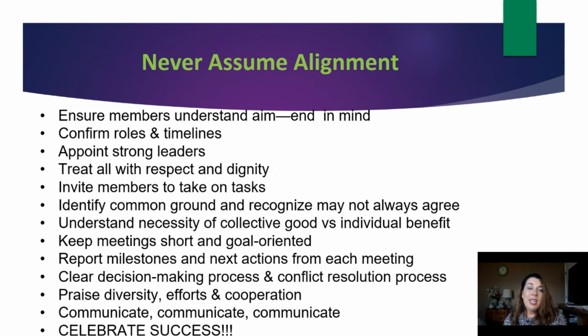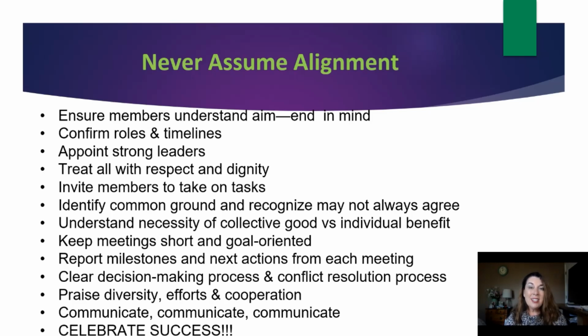Now, another key to working effectively is never assume alignment. Oftentimes we get busy with our work and it's so easy to assume that everyone's on the same page. But there's an old saying about assuming, and it often makes an ASS out of both you and me.